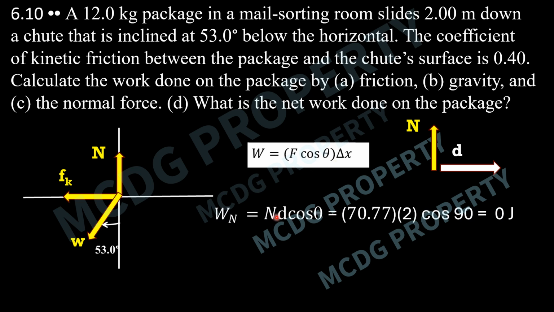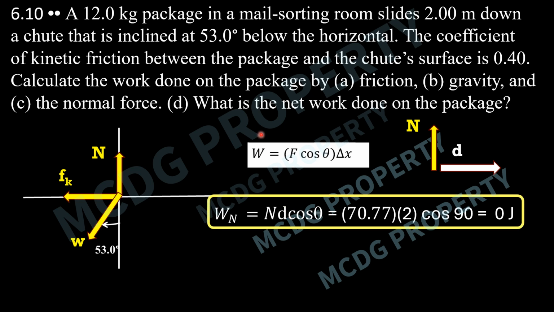So we have here the force, the normal force, times d cosine theta. The normal force is 70.77 newtons. The distance moved by the package is 2 meters. Cosine of the angle between the normal force and the direction of motion, which is 90 degrees. Hence, the work done by the normal force is 0 joules. The normal force is perpendicular to the displacement or the motion of the object, hence the work done by the normal force will be 0.